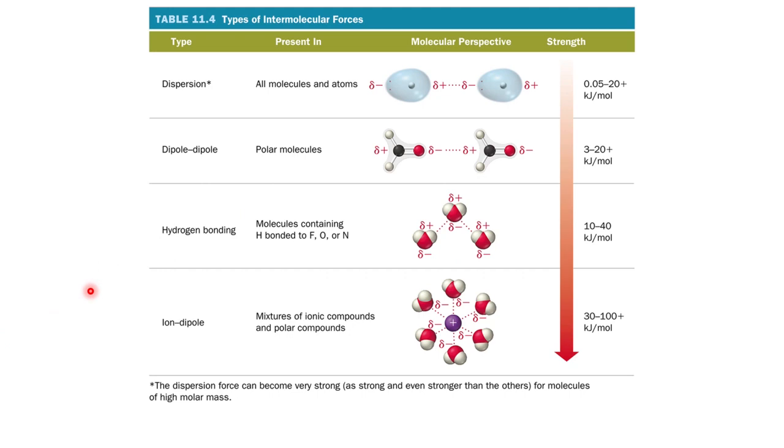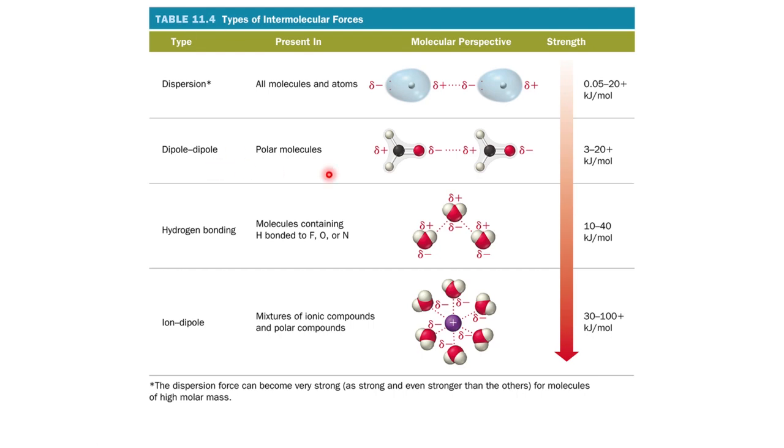So to summarize, here are the types of intermolecular forces, and we talked about dispersion forces. So remember that these can become very strong if you have high molar mass or a ton of them, right? So like the gecko foot, tons and tons of interaction points between the hairs of a gecko and a wall. And so that's why a gecko can climb a wall, whereas you cannot.